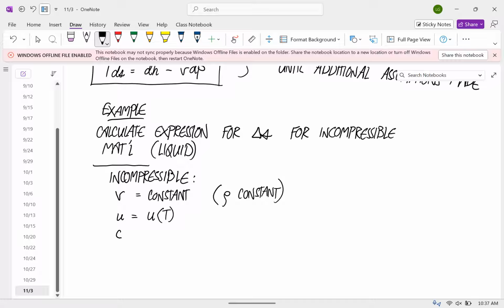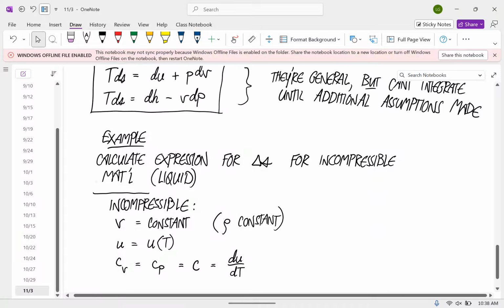So remember we have those two ugly specific heats that have partial derivative definitions. Cv and Cp, we just call them C since they're the same for incompressible. For ideal gases, they're not the same, but for incompressible materials, they are. And this is just equal to the total derivative of u with respect to temperature. Okay, so that's what we have to work with.